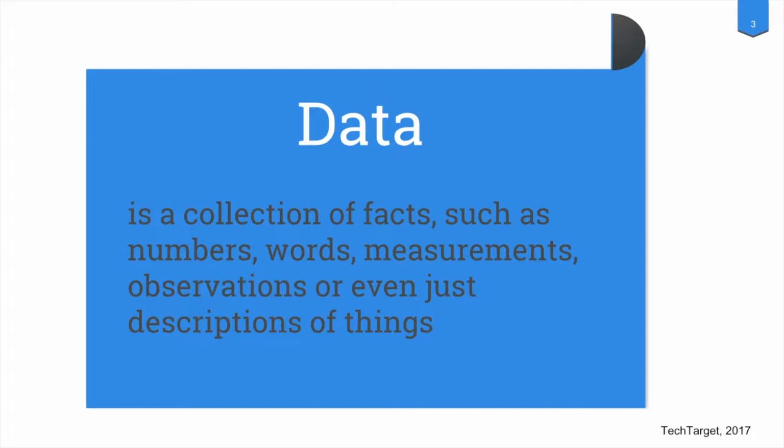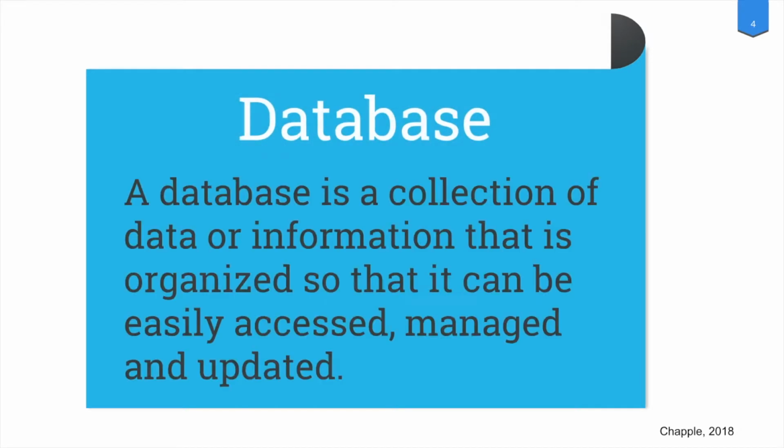But just so we're all on the same page for this study session, we're going to use Merriam-Webster's definition of data. Merriam-Webster defines data as factual information used as a basis for reasoning, discussion, or calculation. So what's a database? A database, in the most general sense, is an organized collection of data.